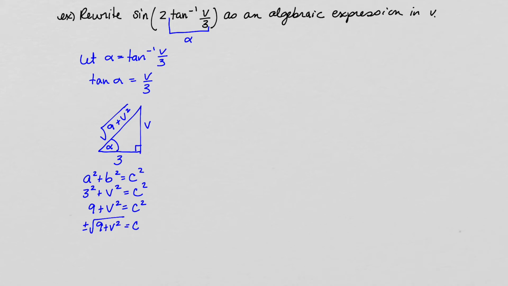Okay, so right now my problem, right, I started with the sine of 2 tangent inverse v over 3, and now I've reduced it to being the sine of 2 alpha.